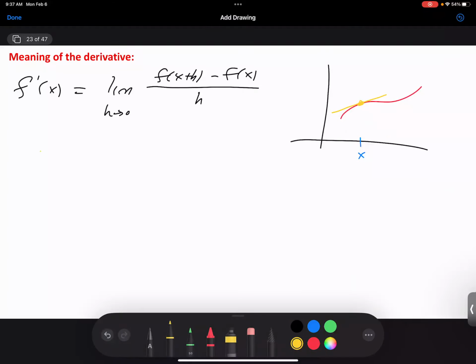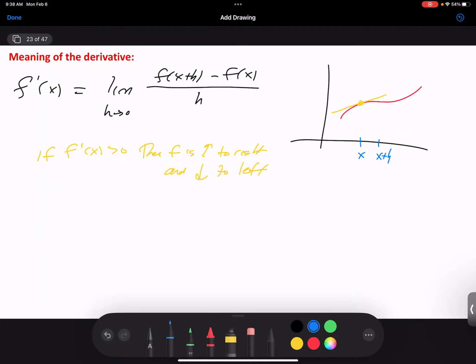So if f prime of x is greater than 0, what can you say about the function? Then f is increasing to the right and decreasing to the left. If the first derivative is positive, and I move to the right and put myself here at x plus h, then h is positive, so the denominator is positive.